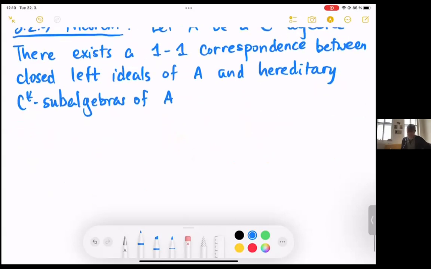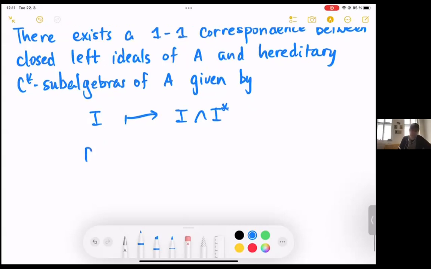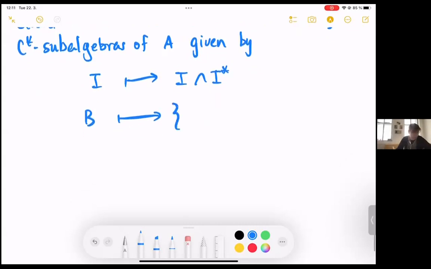And that's given by the following. If we have a left ideal, we'll see that I intersection I star is a hereditary subalgebra. And if we have a hereditary subalgebra, then we will show that the following is in fact an ideal.